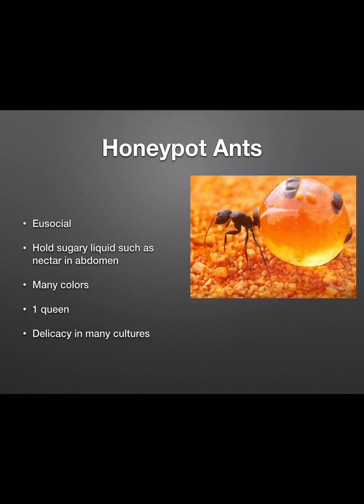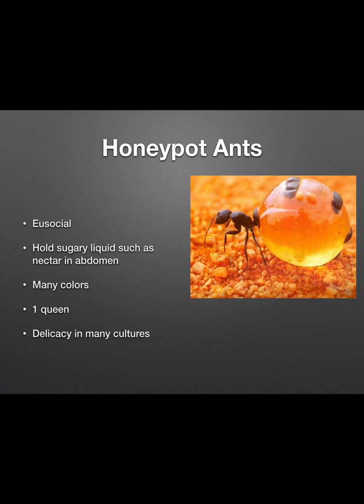A lot of them will live in desert areas, and they come in many colors. And that's talking about their actual abdomen itself, because you'll see basically the same color as whatever they ate. So they can be red, green, blue, or like in this picture, a yellowish, orangey color.